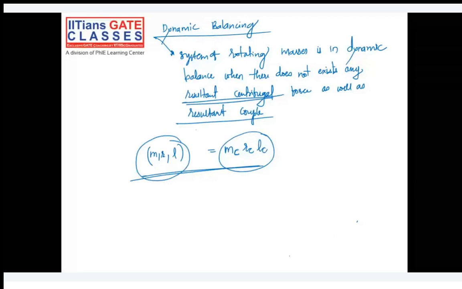Hello, sir. How will we draw this in that diagram? Will there be two MC? In that previous diagram we have to generate a couple, right? So to balance this, we will be adding two counter masses in this figure.